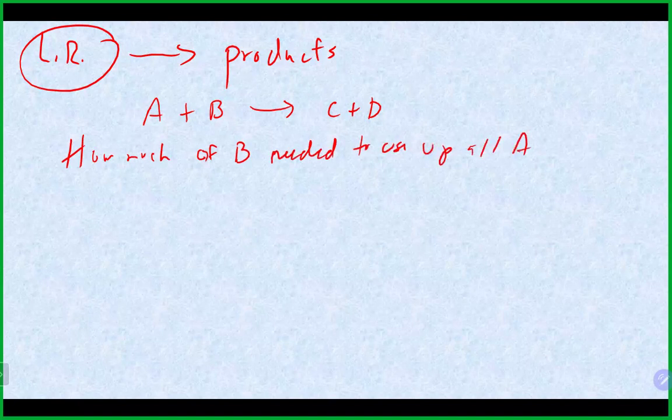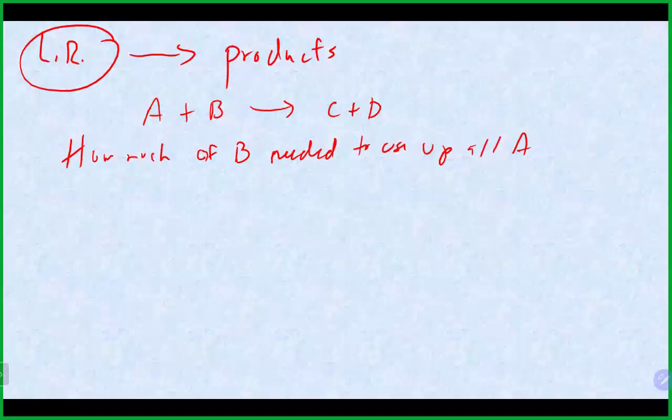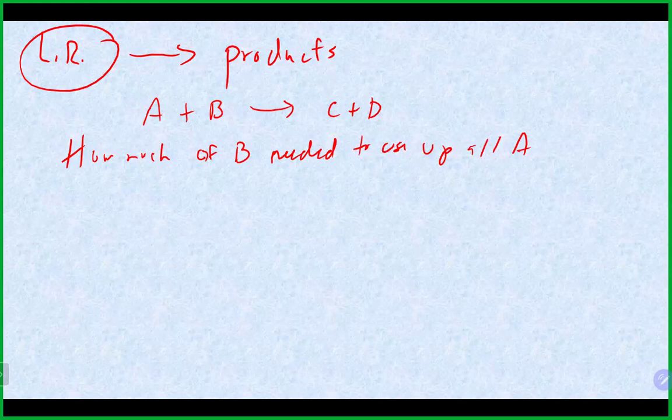Just do a very simple stoichiometry calculation between the two reactants, starting with one reactant where you use the starting amount of it, and you figure out how much of the other reactant you need to completely use it up. If you have enough of that other reactant that you need, then that's the excess reagent. If you do not have enough, then that one is going to be your limiting reagent.